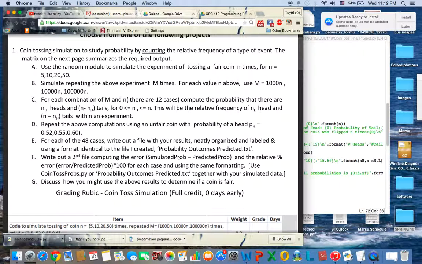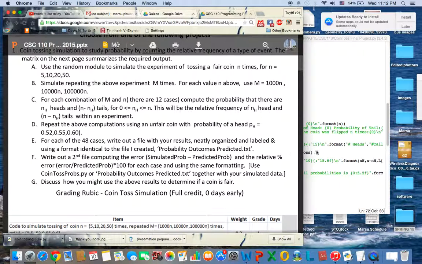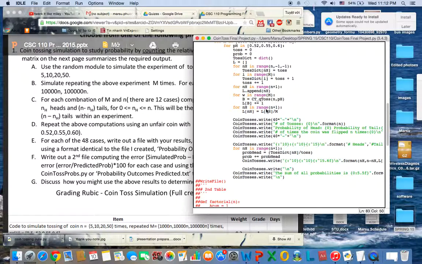The error means, when we run the function and flip a coin, if the coin is fair, which means pH is 0.5, we can predict that the probability of heads is around a certain number.